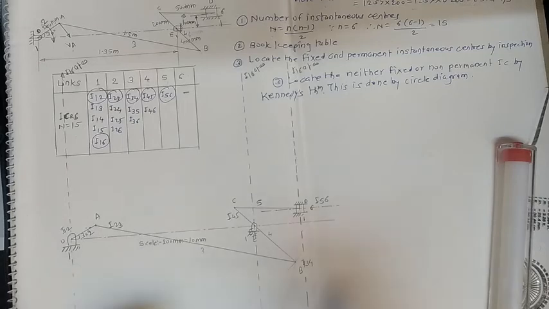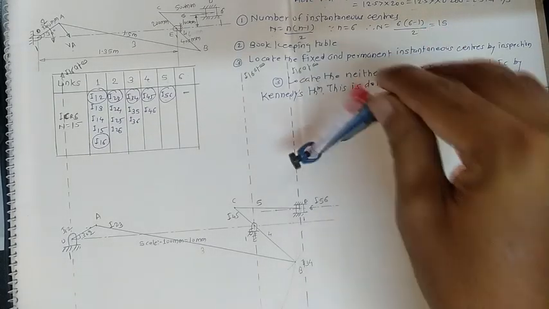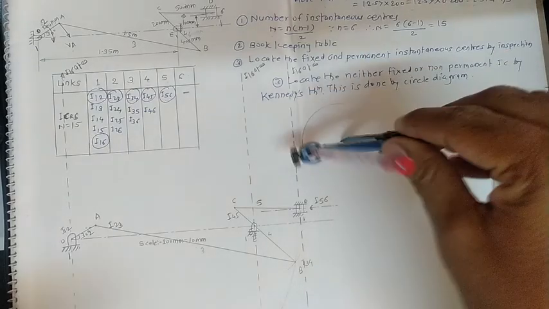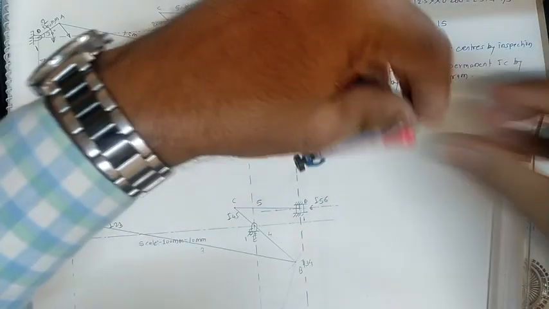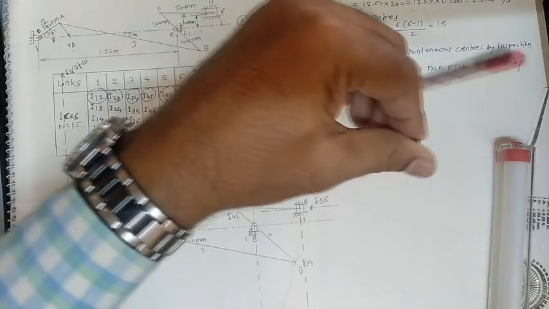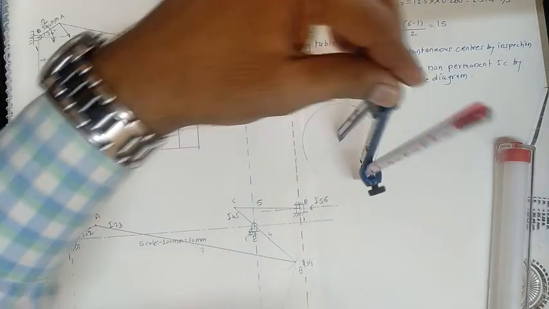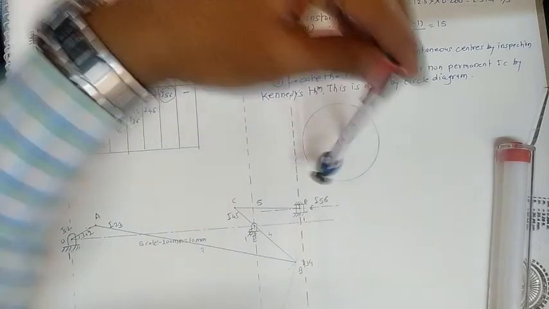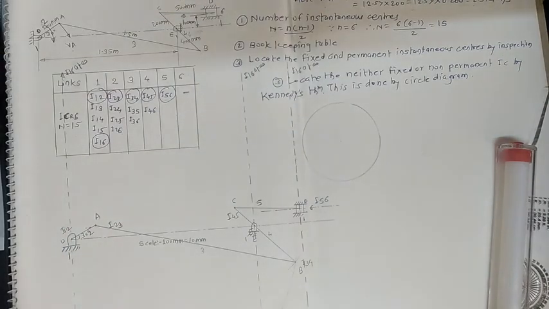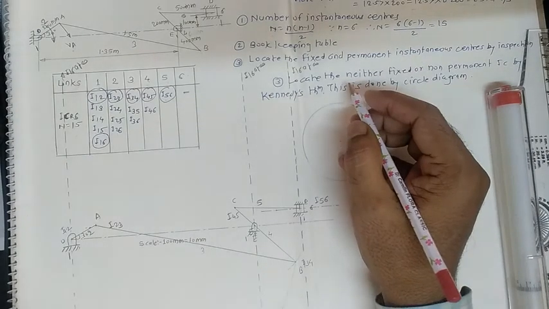For that, draw one circle here. Once this circle is completed, mark 6 points at equidistance.